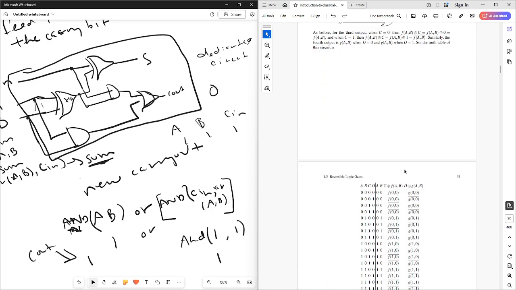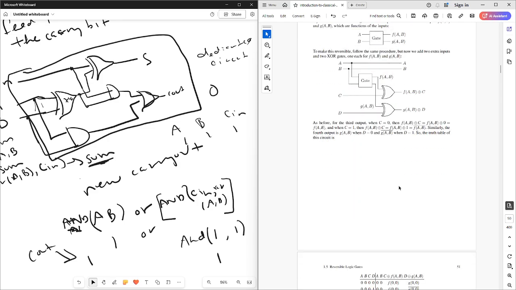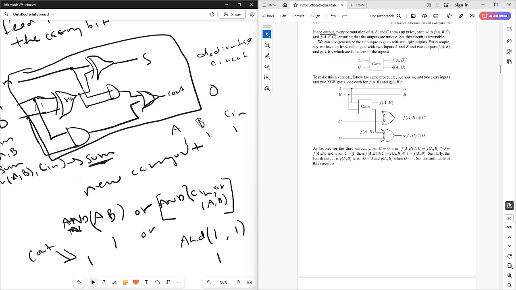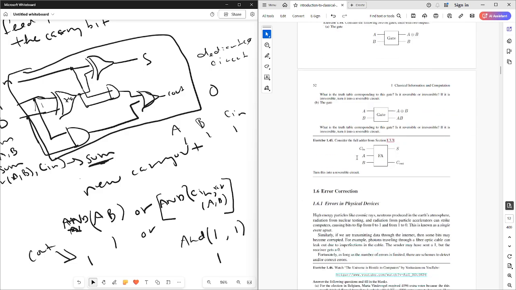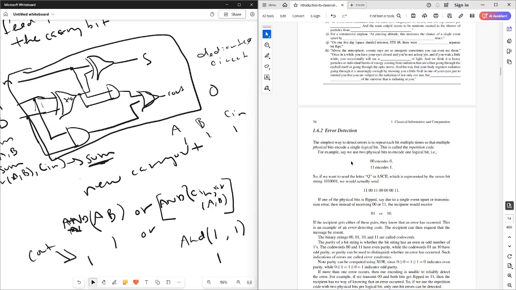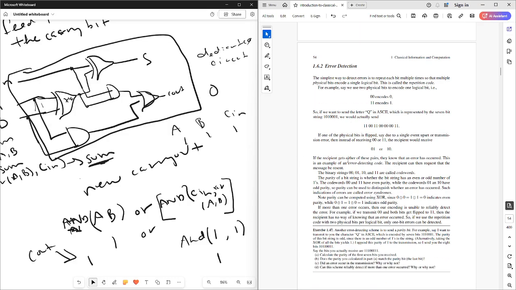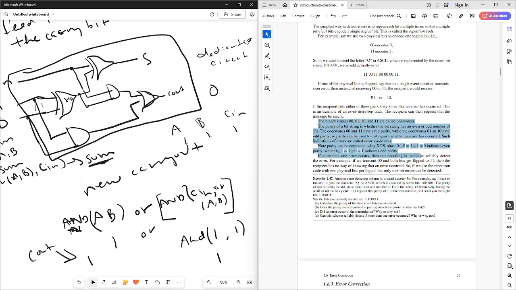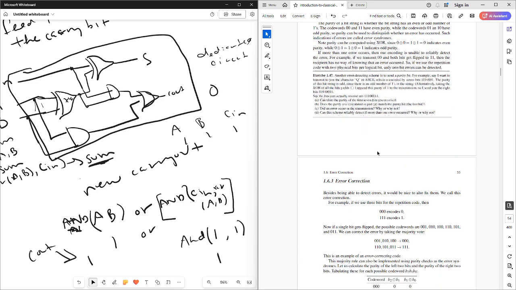This is pretty straightforward the way that they explain it in the book. Now, if we've got two outputs, then we just XOR with each one using these ancilla bits here. Error correction. Maybe this is a good thing to look over, because we're moving into error correction, but this does not play into anything that we've looked over so far.